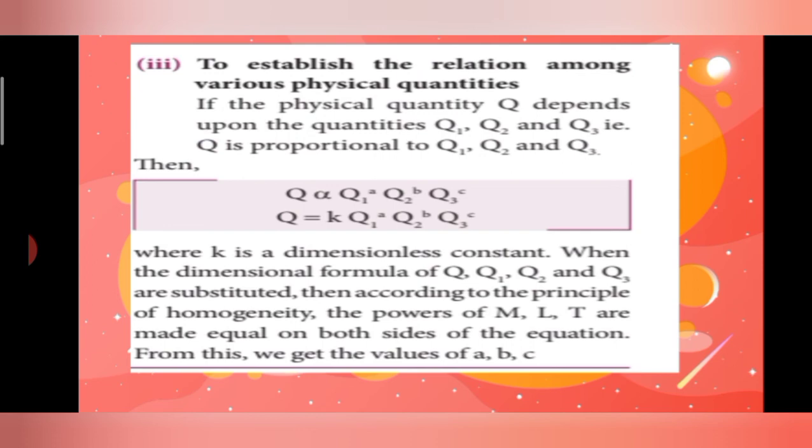When the dimensional formulas of q1, q2, q3 are substituted, then according to the principle of homogeneity, the powers of M, L, T are made equal on both sides of the equation. From this we get the values of a, b and c.